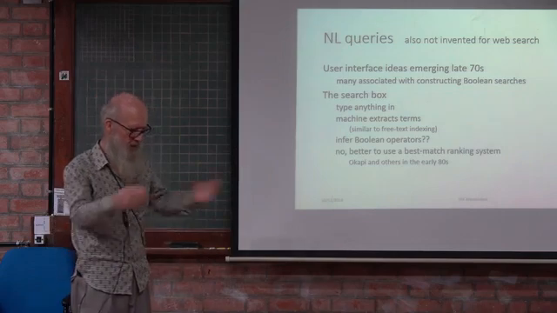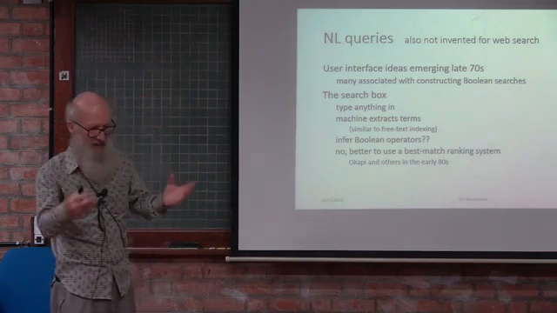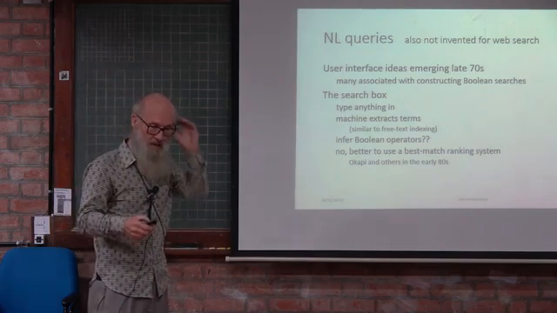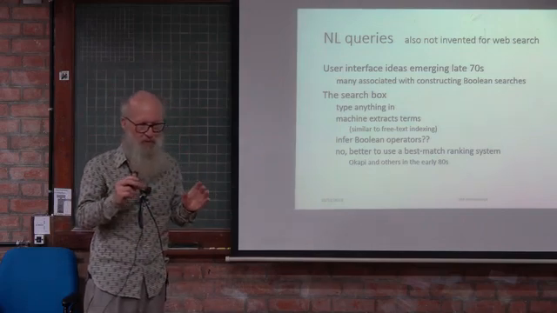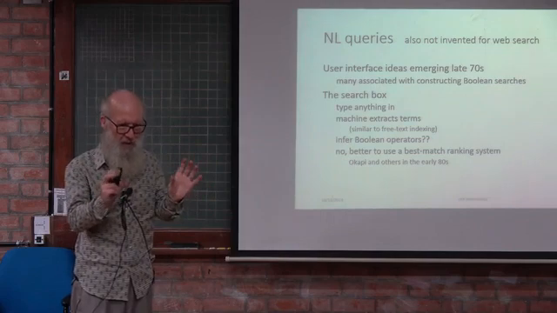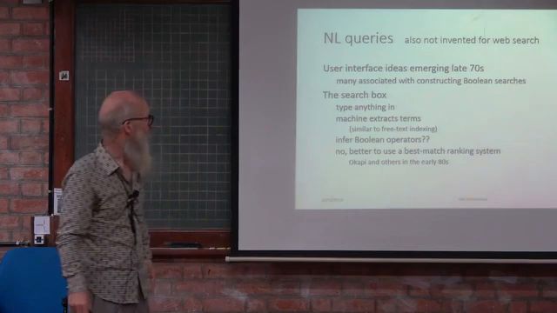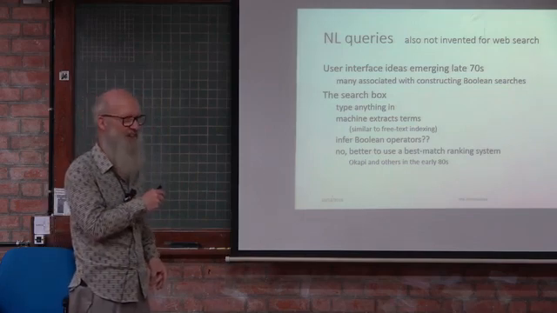So if I type something like history of geometry, the system might say, I want history and I want geometry and I want a Boolean AND in between. Although actually it's really hard.